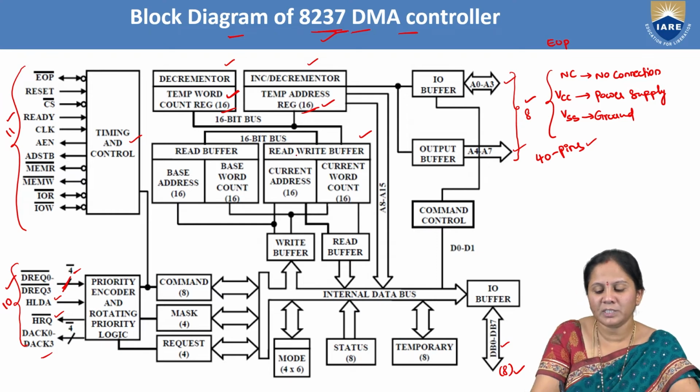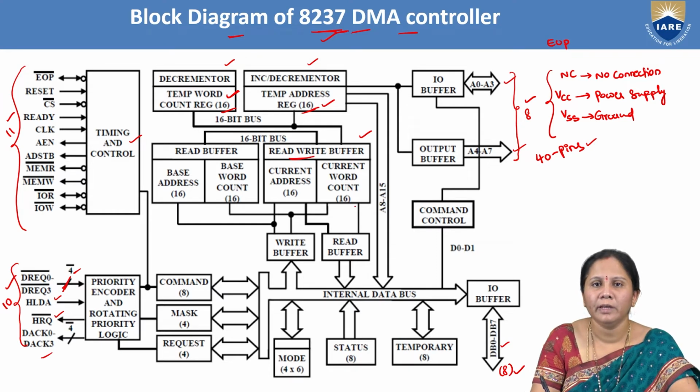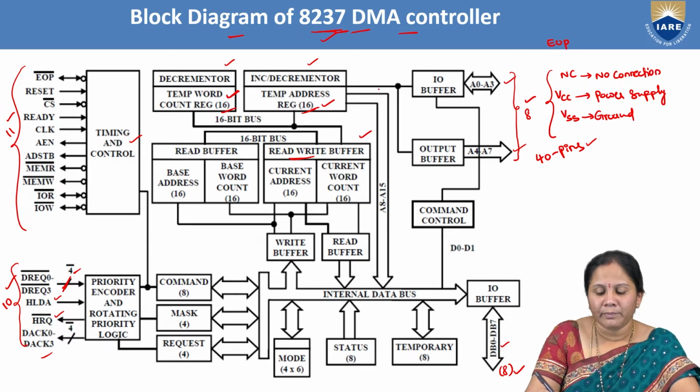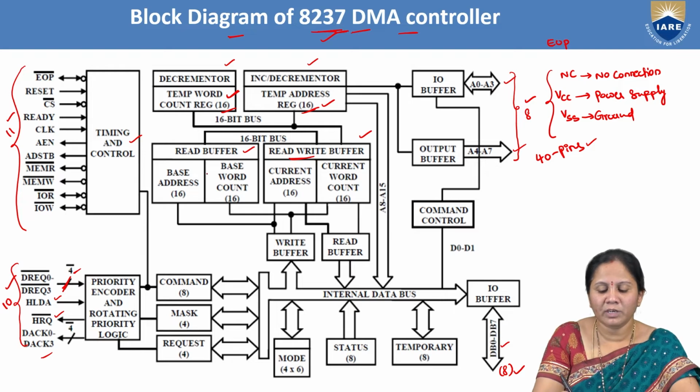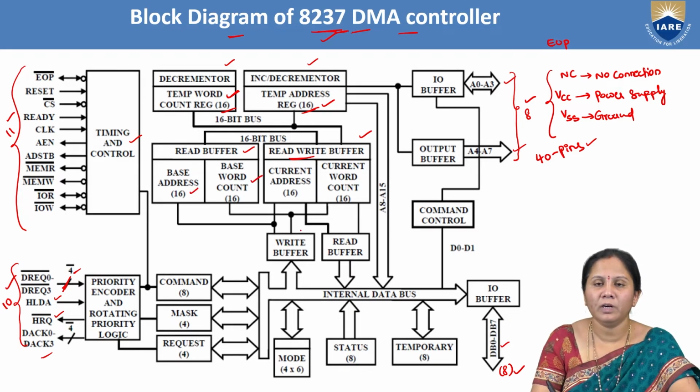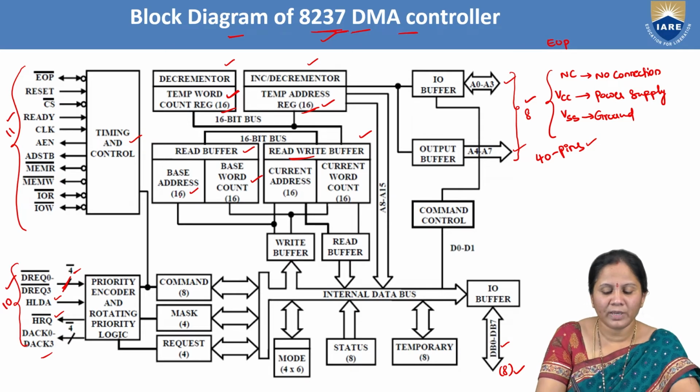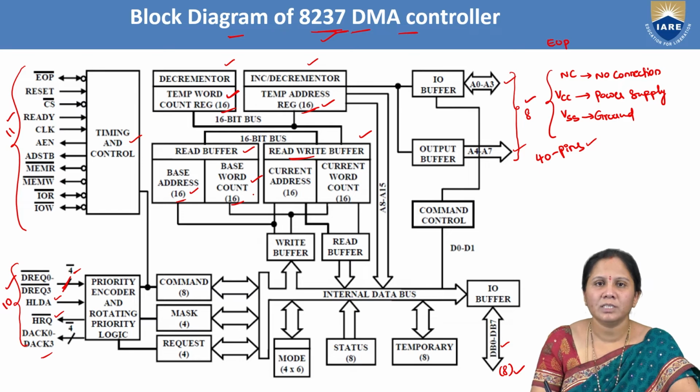So this buffer can be read or write; by using this buffer, both reading and writing are possible. Whereas this is only a read buffer. This read buffer consists of base address and base word count. This base address is 16-bit and this base word count is also 16-bit.